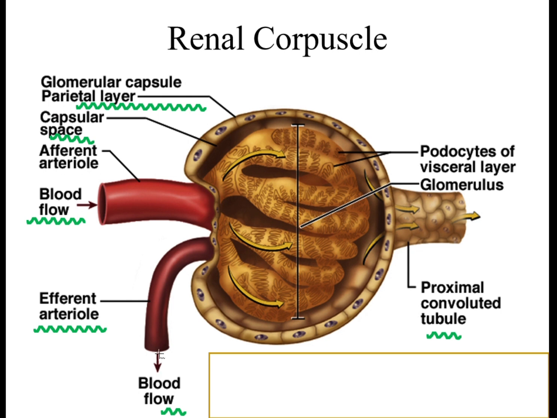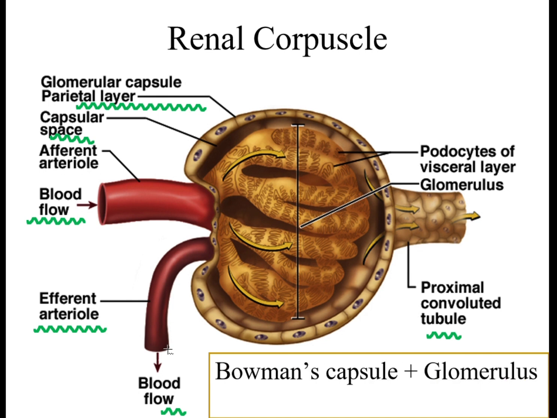So here the blood first enters through the renal artery, then the afferent arteriole, and then the glomerulus. After the glomerulus, the efferent arteriole, then the peritubular capillary, then the vasa recta, then the renal vein, and finally it comes out.